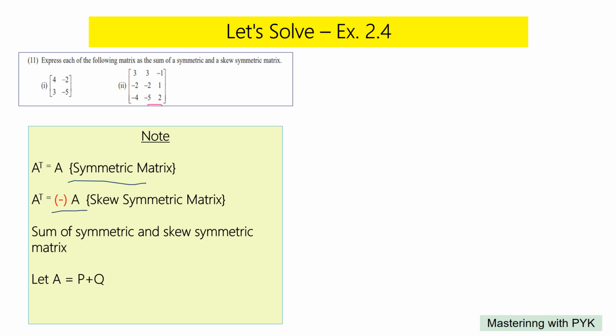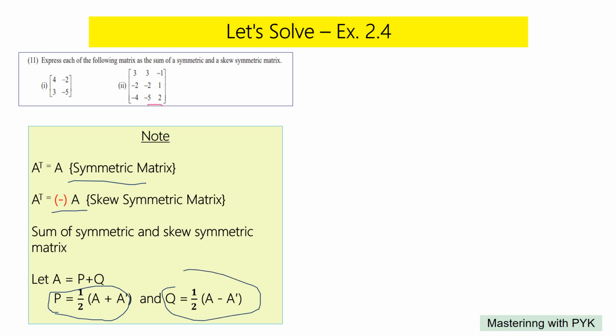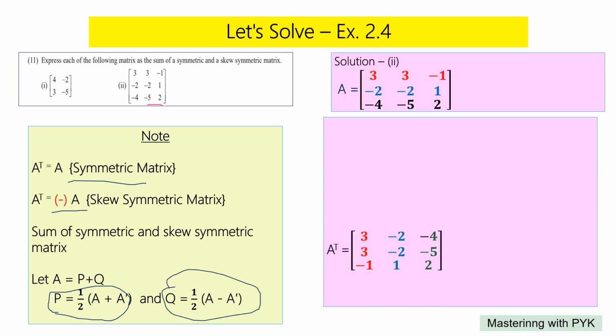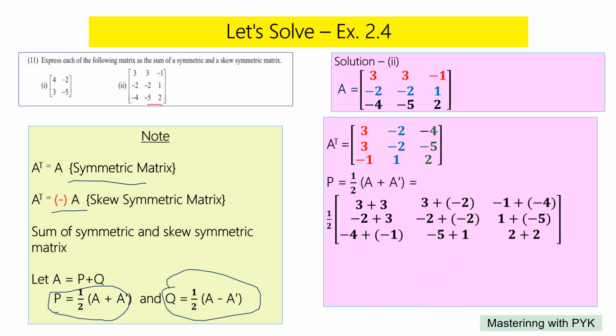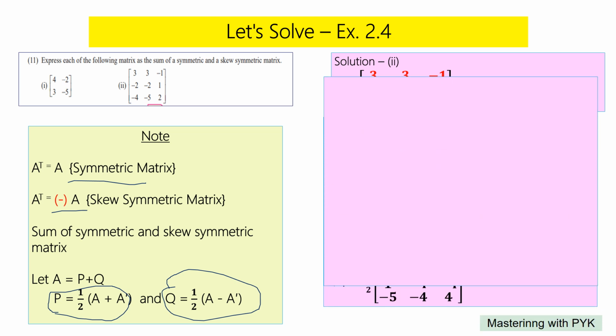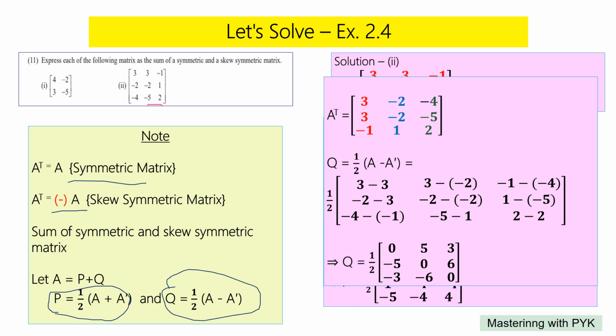When expressed as a sum of symmetric and skew, we put it as P and Q. P will be half of A plus A transpose and Q would be half of A less A transpose, right? So the transpose is easy. We'll find P by adding A and A dash, right? And we'll find similarly A less A dash, that is Q, right?